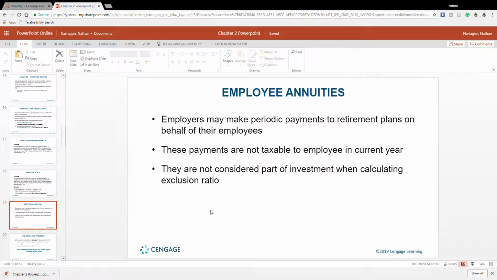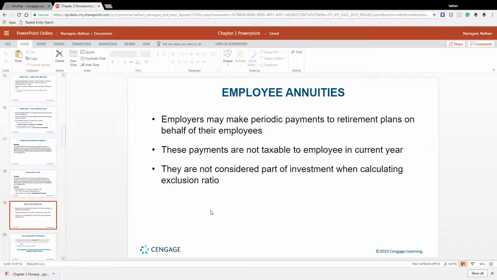Now, employees get annuities too. So employers may make periodic payments to retirement plans on behalf of their employees. These payments are non-taxable to the employee in the current year. Don't worry about it. Usually any payment to a retirement plan is non-taxable until you withdraw it from the retirement plan.